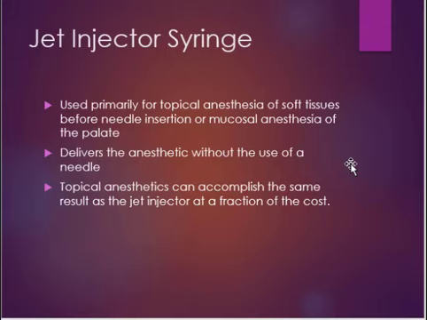Another thing is that topical anesthetics can accomplish the same result as the jet injector at a fraction of the cost. And so due to the high pressure associated with the anesthetic administration with the jet injector, the patient may be startled by the force whenever this anesthetic is delivered.